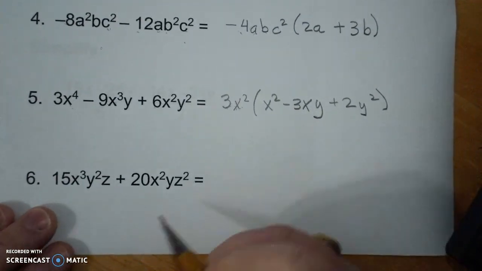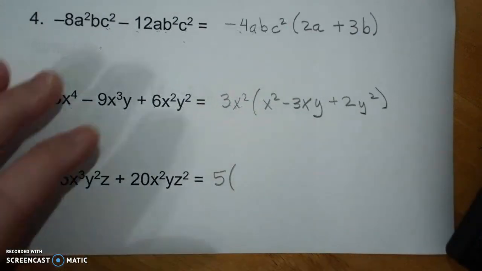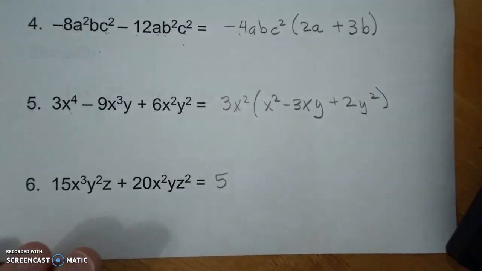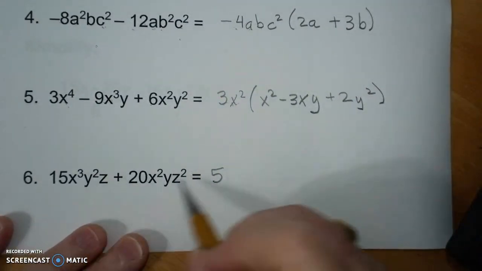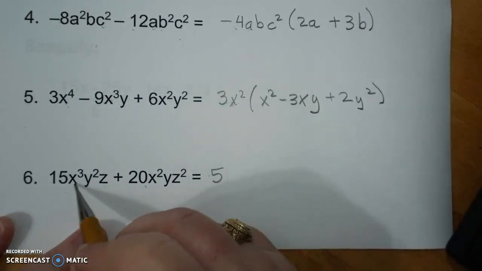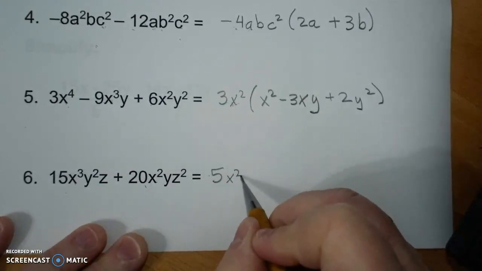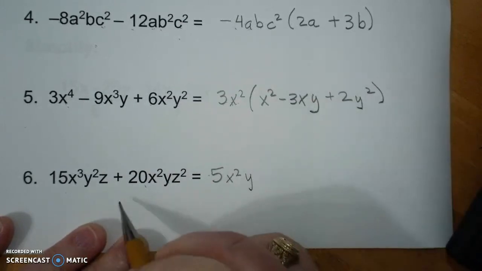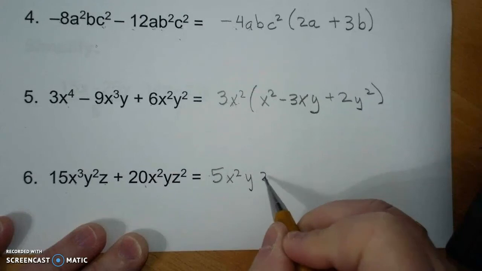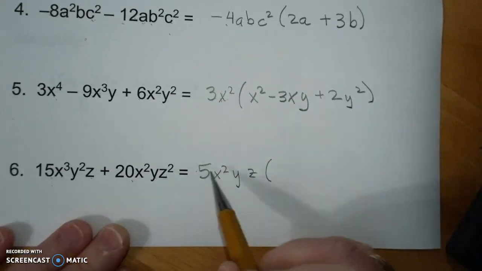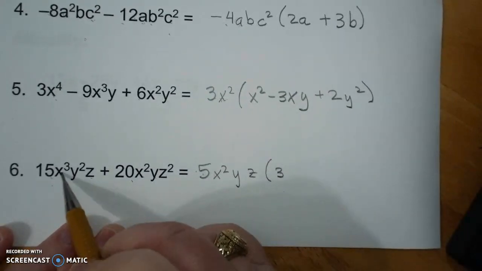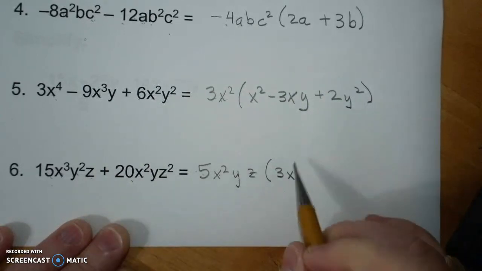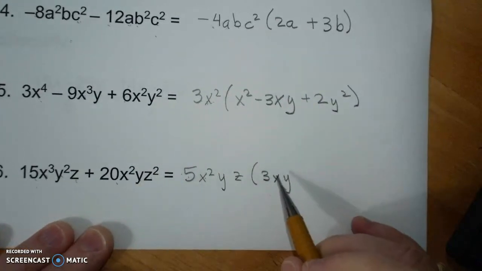This one is take a 5 out because 5 goes into 15. I keep trying to do it in multiple steps. 5 goes into 15 and 20. x cubed, x squared is the largest that can be taken out. y squared, y can take out. z squared, z can take out. 15 divided by 5 is 3. 3 of them, 2 of them, 1 has to stay. 2 of them, 1 of them, 1 has to stay.